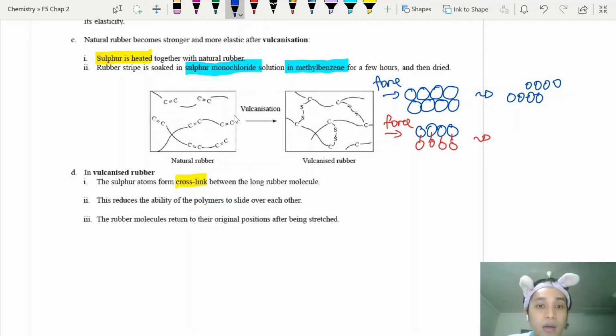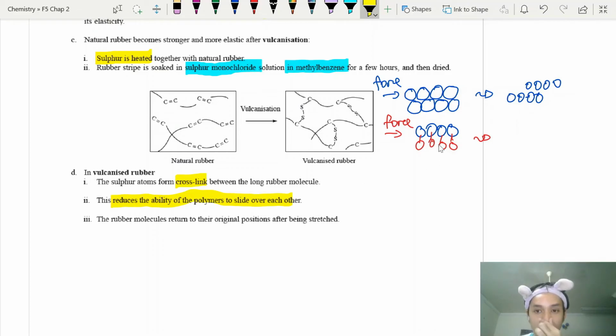And that is the main function of vulcanization. Basically you are linking different layers of polymers so that it becomes stronger. If you see here, the sulfur atoms form cross-links, like a bridge between molecules, and they prevent the polymers from sliding.